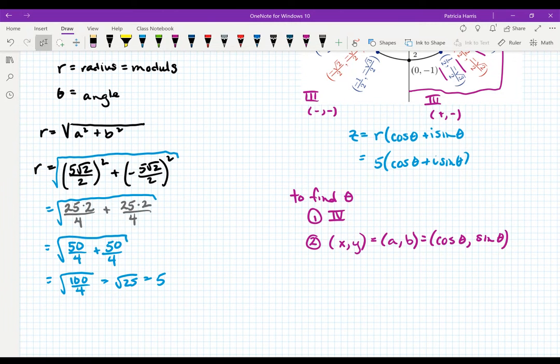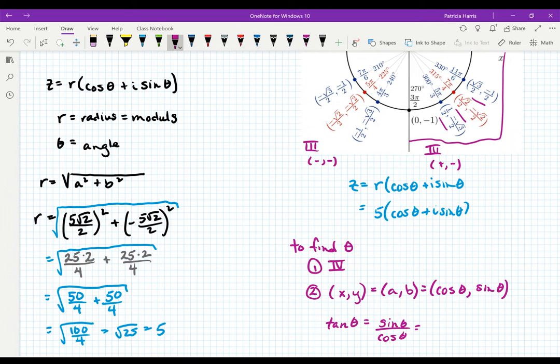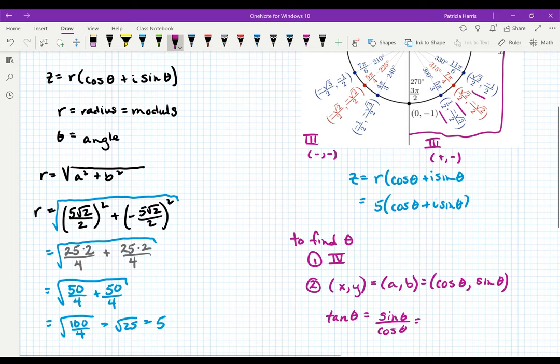So what we're going to do is find tangent of theta, which is sine theta over cosine theta. I'm going to do this for the three angles that I think are possibilities in quadrant 4: 5 pi over 3, 7 pi over 4, and 11 pi over 6.